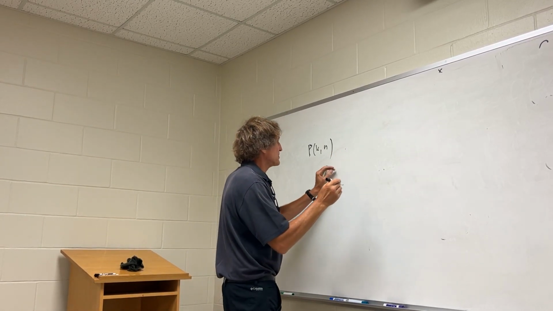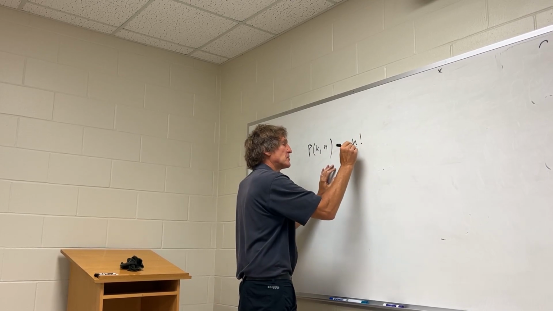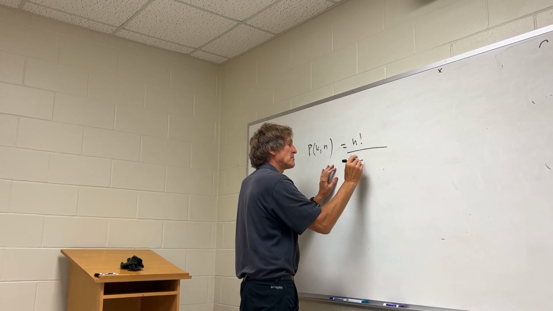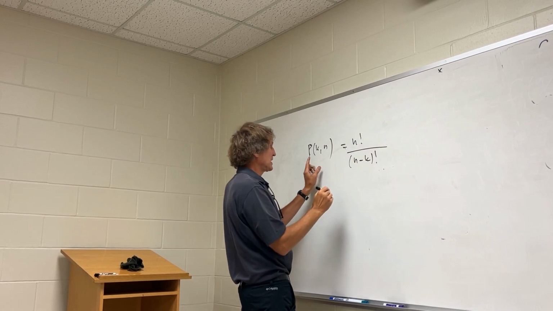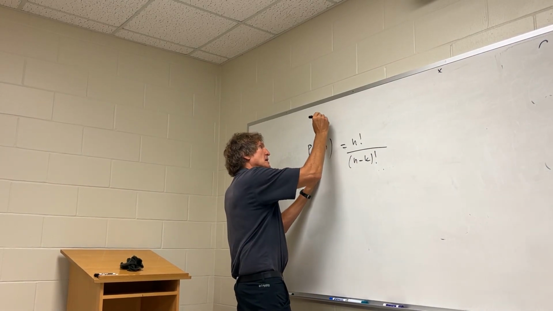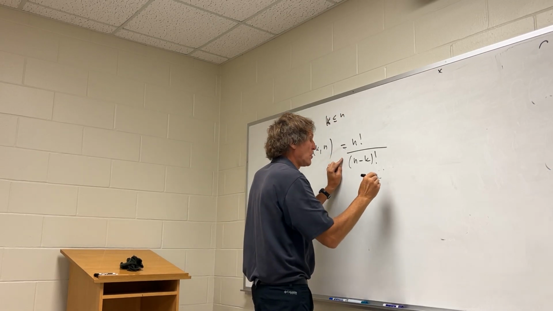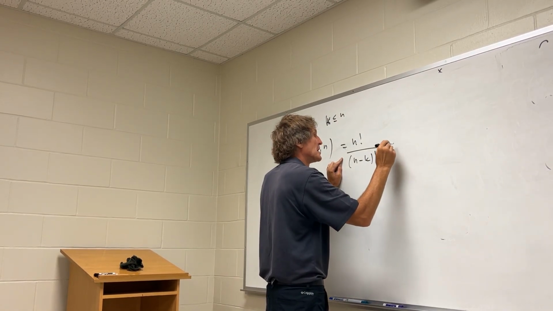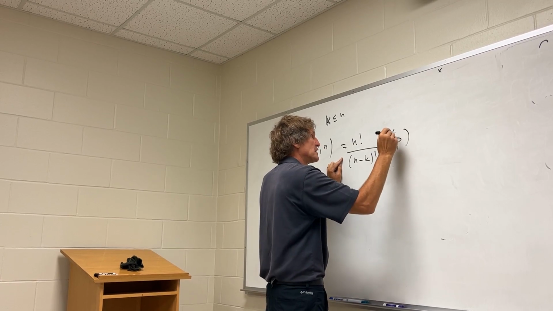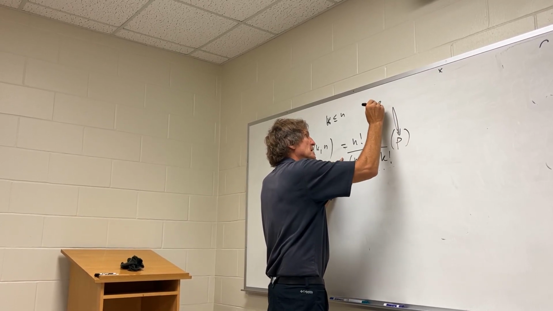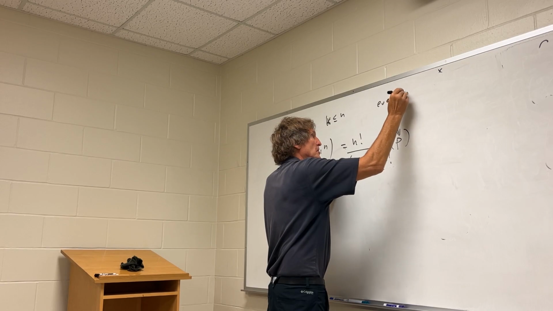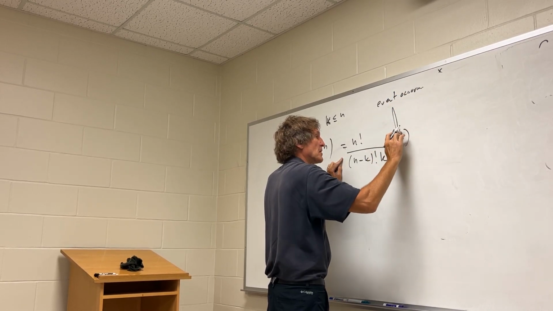So this is always going to be equal to N factorial over N minus K factorial, where K is going to be less than or equal to N, over K factorial. Then it's going to be times the probability of the event occurring. This is the event occurring right here.